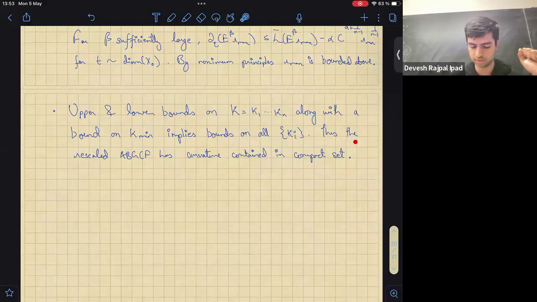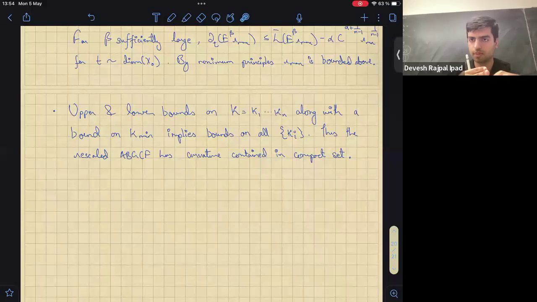And thus the rescaled affine boosted Gauss curvature flow has curvature contained in a compact set. So if I fix the scale of my flow now, let's say by doing some volume normalization, I will have complete control on the curvatures.